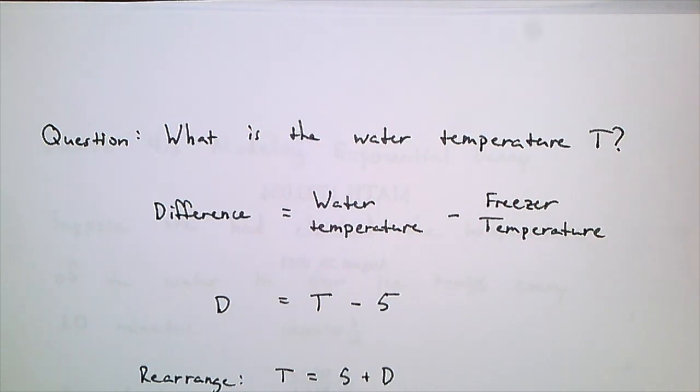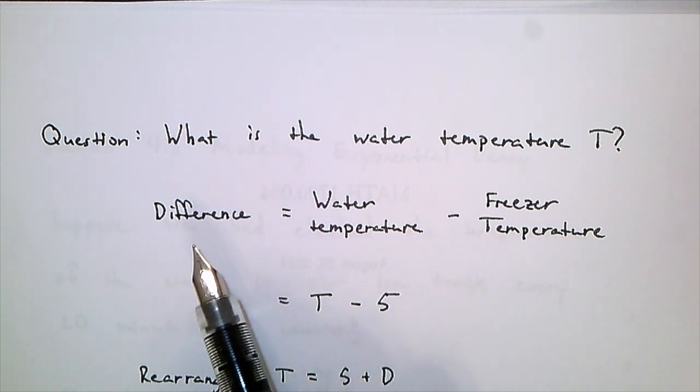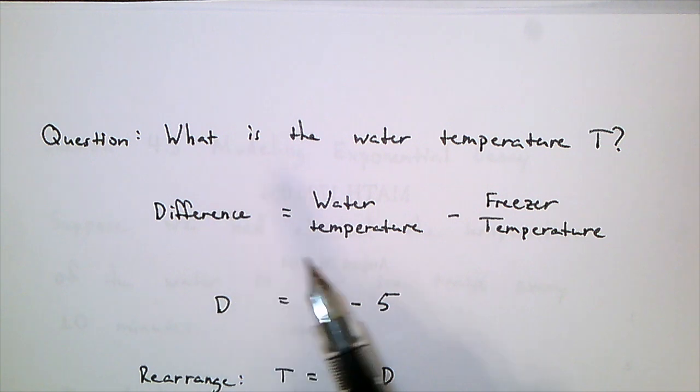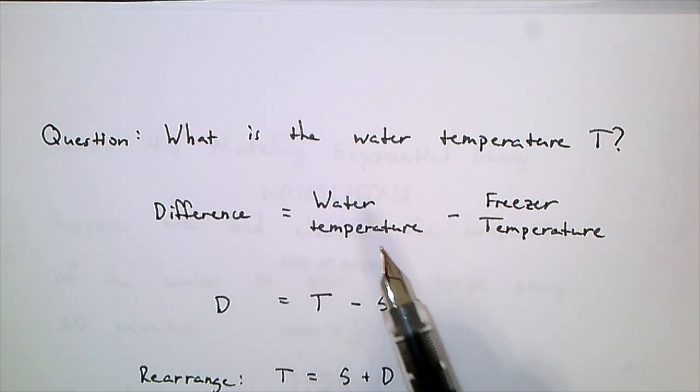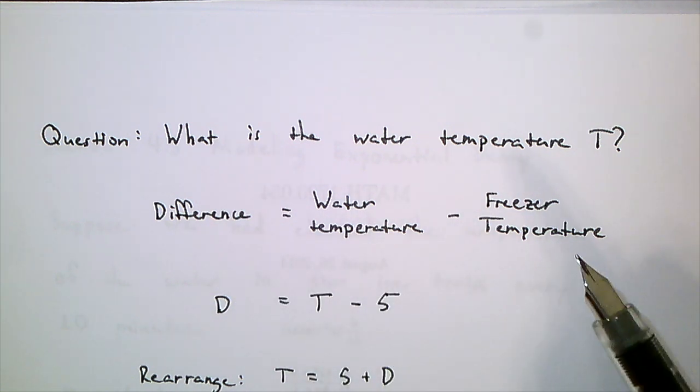Our table of data had the difference in temperature between the water in our ice tray and the freezer temperature. But probably what we really want to know is the actual water temperature. Let's see if we can figure that out from what we have already. So we know the difference is going to be equal to the actual water temperature minus the freezer temperature.